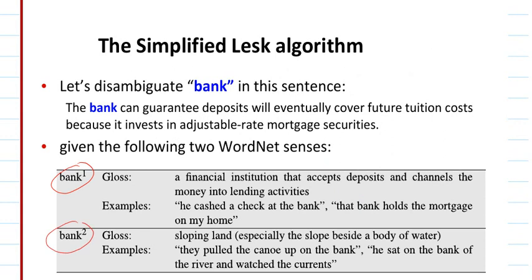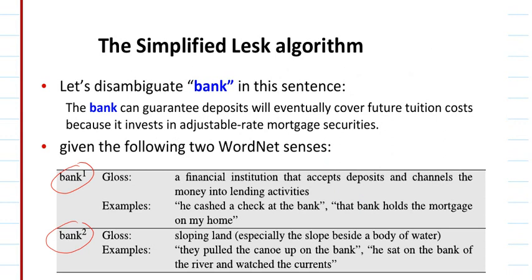So we have a gloss that is explaining the sense of bank 1. So for sense 1 of bank, it is a financial institution that accepts deposits and channels the money into lending activities. The sense 2 is explained by the gloss as sloping land, especially the slope behind the body of water.